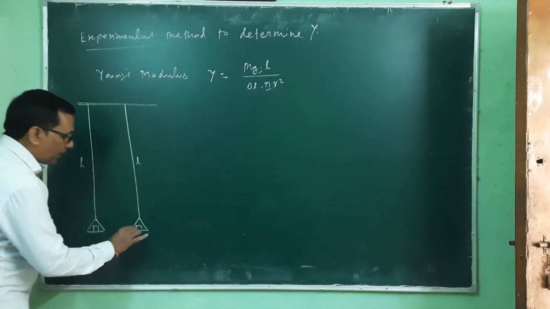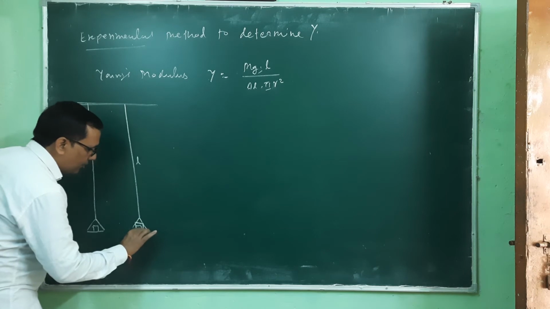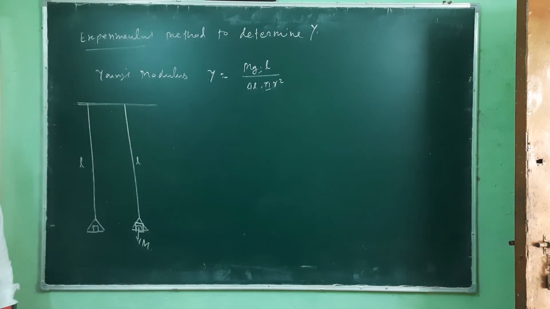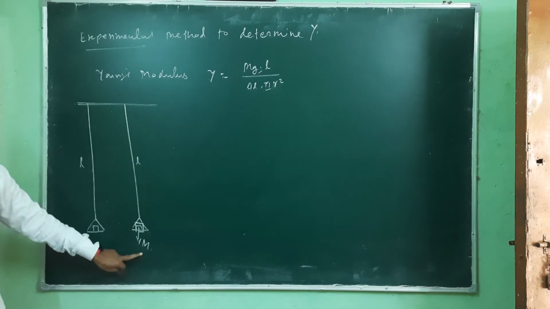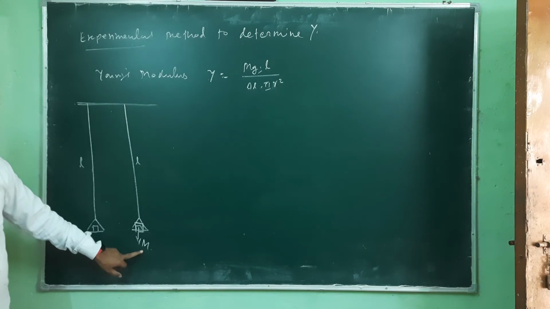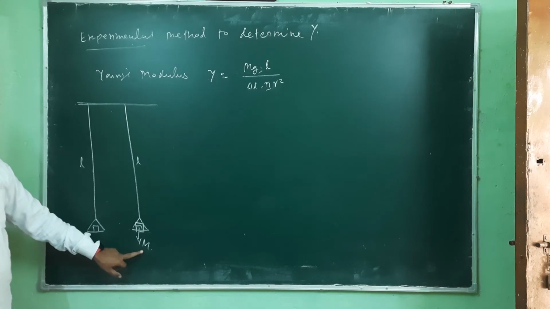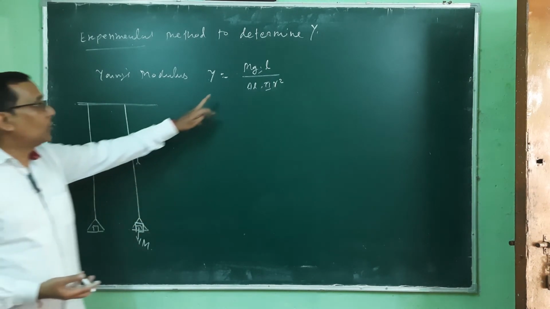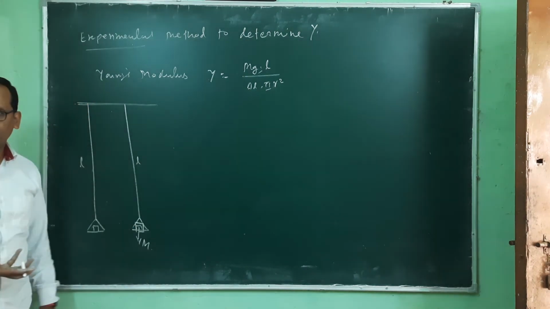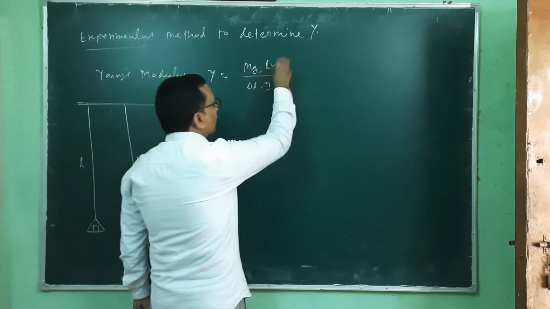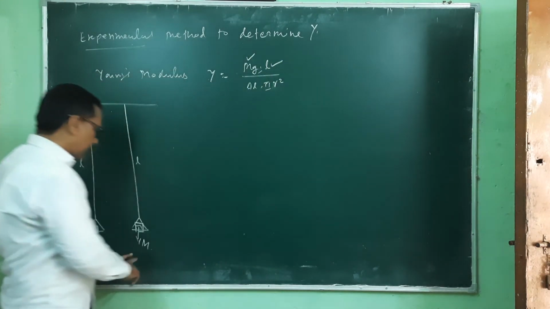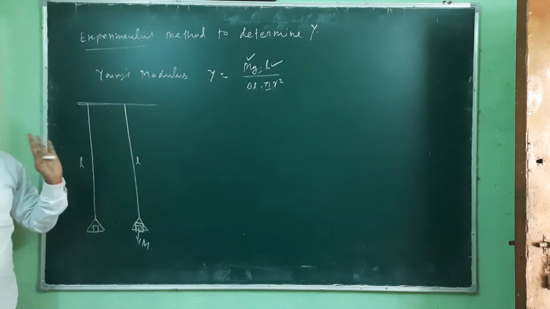Then we load some more weight, this M, and we know how much weight we are loading. So M is a known parameter, whatever mass we are using. The initial length is known, and M is known.